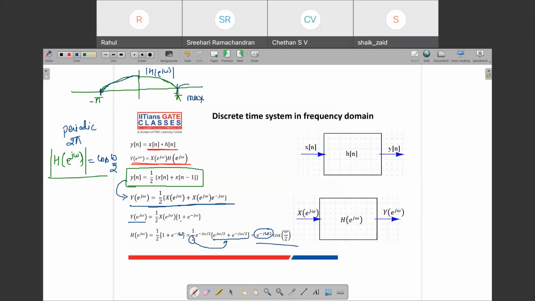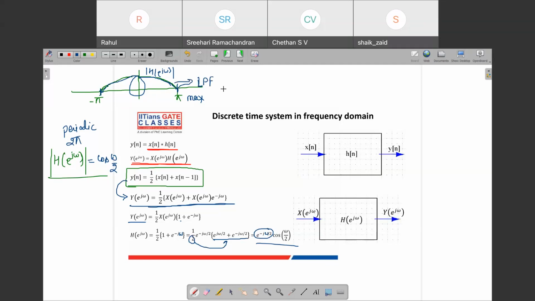This is the range we consider, only from minus pi to pi. Now, this kind of filter is passing the low frequency and attenuating the high frequency. As you go from low frequency to high frequency, the amplitude is going down. So this filter, you can say, is a low pass filter. This is not an ideal filter.